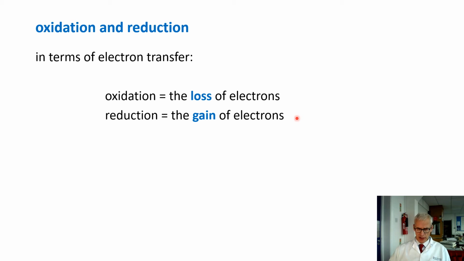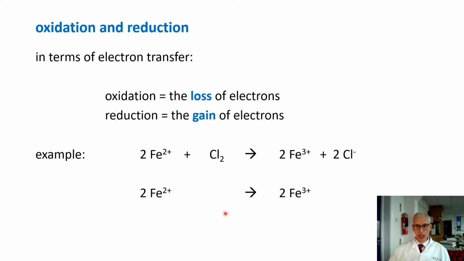Oxidation is loss, reduction is gain. So let's look at how that applies to a particular example. So we start with Fe2+ ions, reacting with chlorine, the reaction produces iron 3+ ions and 2 chloride ions. So we now need to analyse this in terms of oxidation number change. So let's look what happens to the iron.